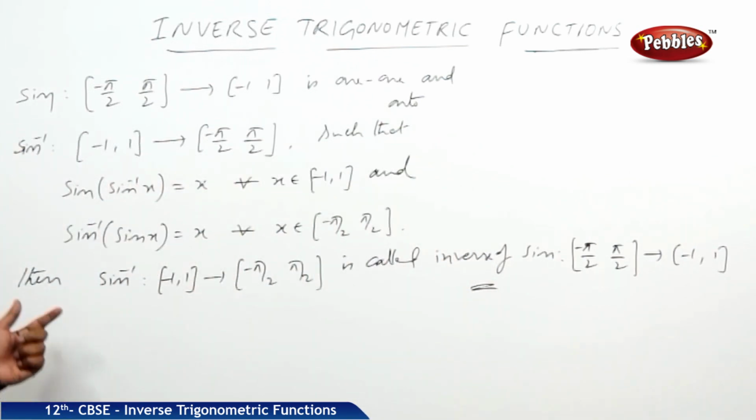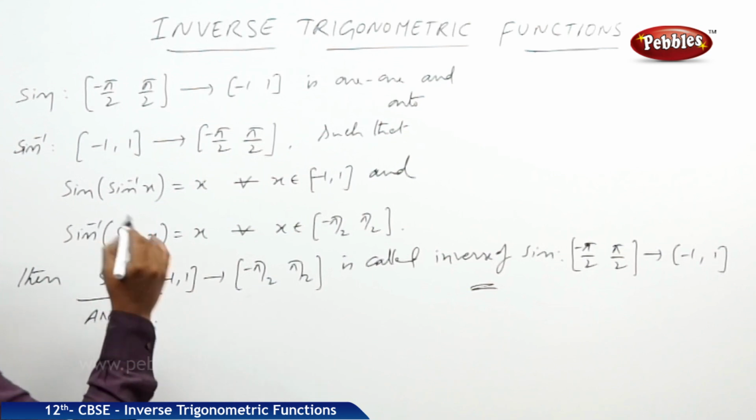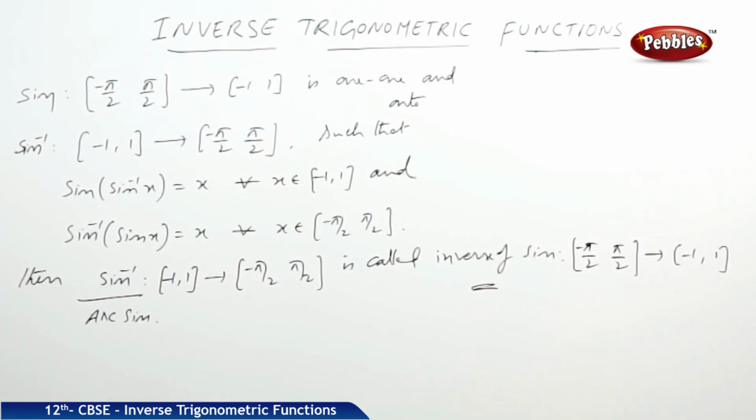So now this is the exact definition of the inverse of a sine function. This sine inverse is also known as arc sine. Okay, right. Now this is the definition of a sine function.